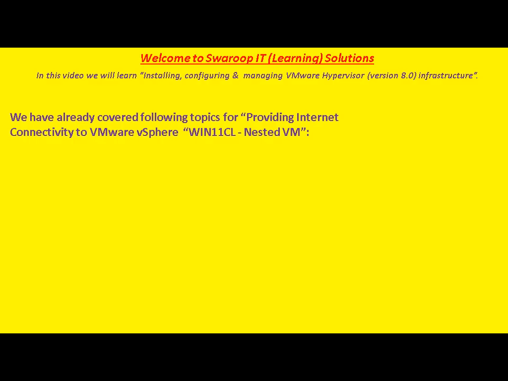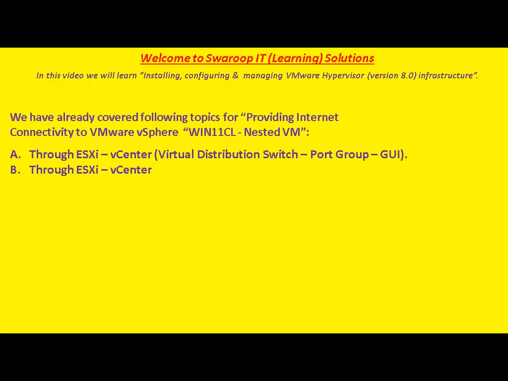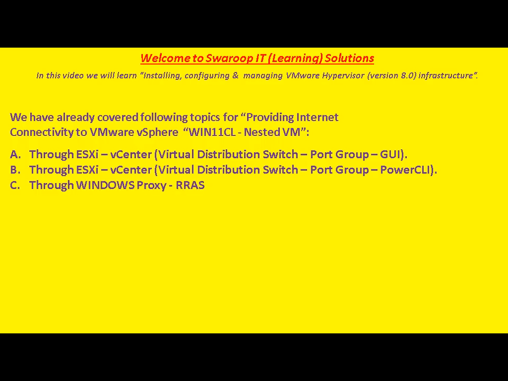We have already seen the ESXi vCenter virtual distribution switch port group option in GUI mode. Then the same option through PowerCLI. And the third option we covered through Windows proxy, that is RRAS plus NAT, GUI option.